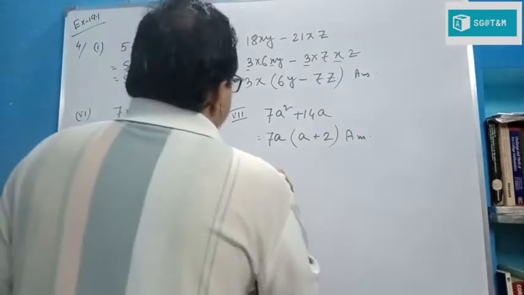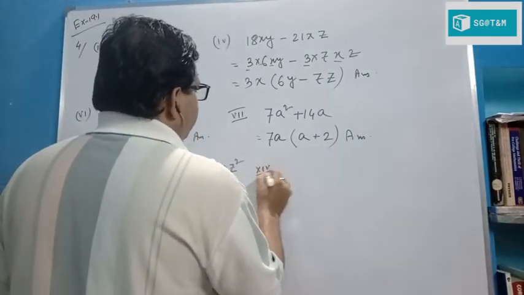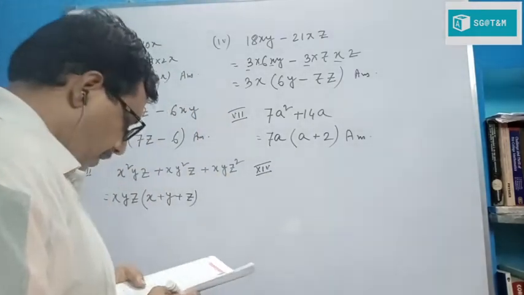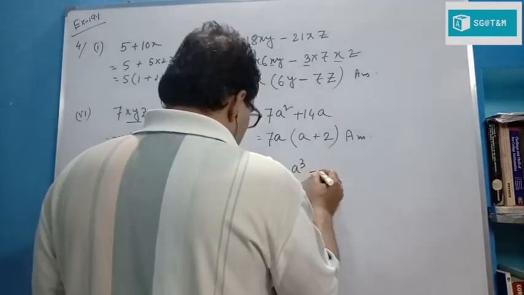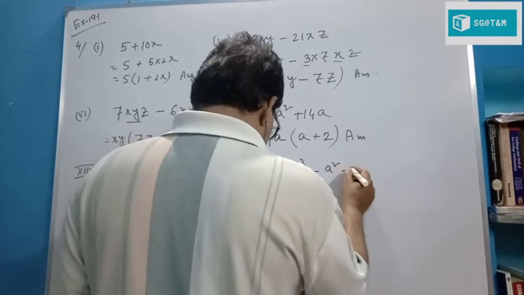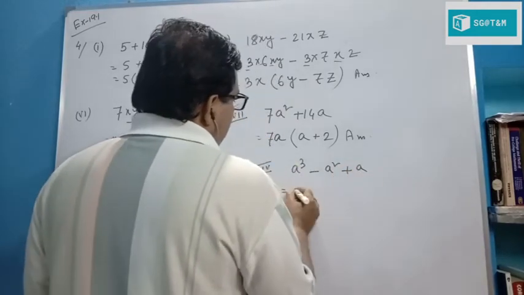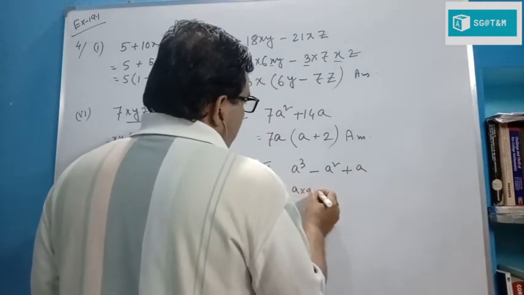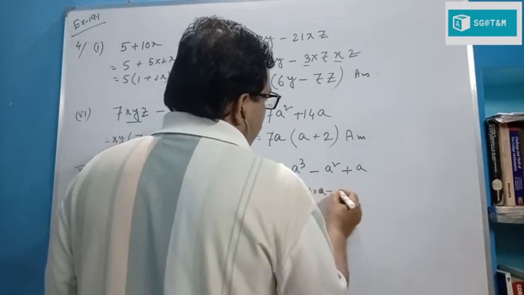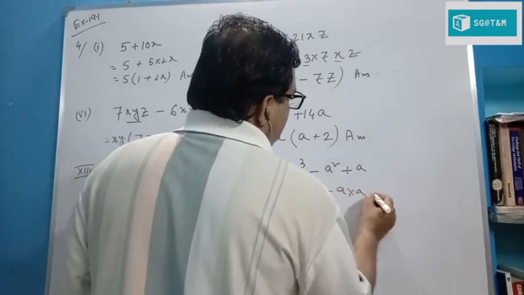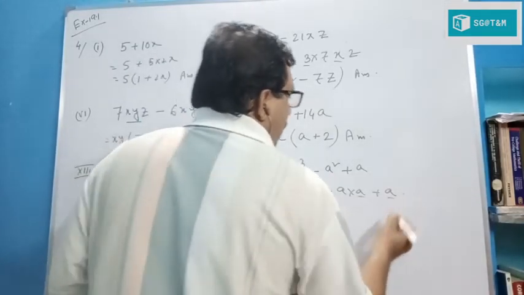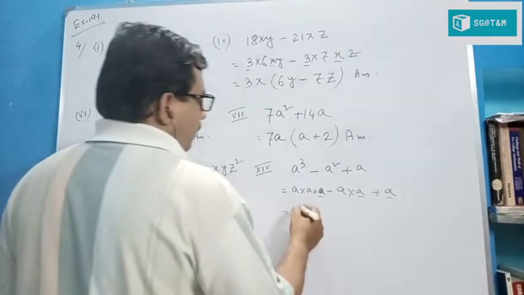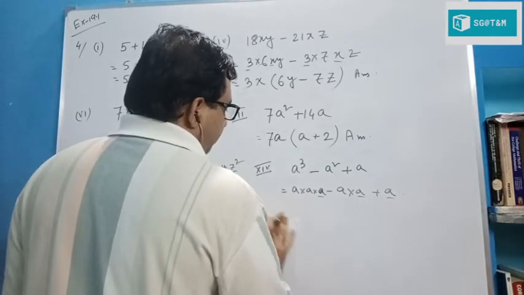Next, question number 14. A cube minus a square plus a. A cube is nothing but a into a into a. A square means a into a, plus a. So 1a is common to all these three.